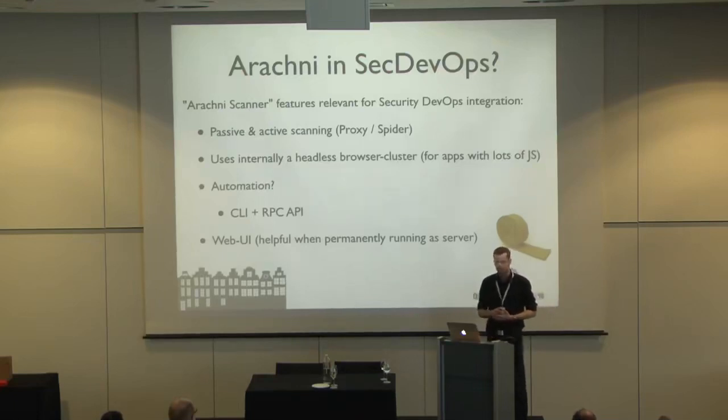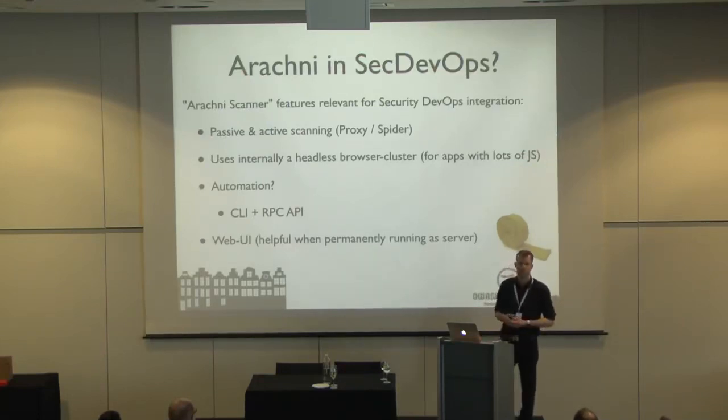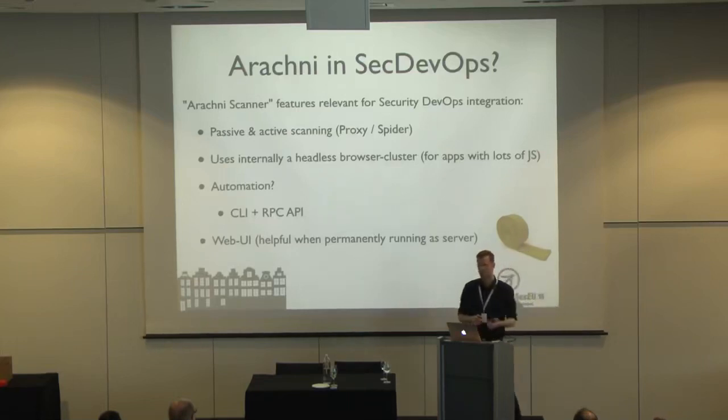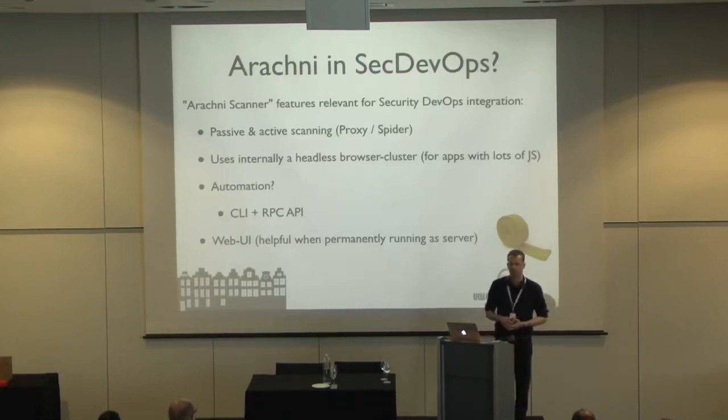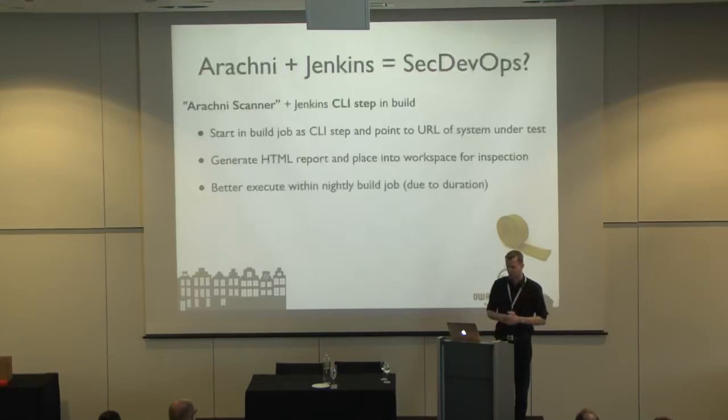It does not have much support in terms of a Jenkins plugin, but it also has automation capabilities, like a very good command line interface or a remote procedure call API that we can use. So we can either run it inline in a command line step in the build, or we can execute it afterwards by having a web UI that we can then trigger using the RPC API as well.